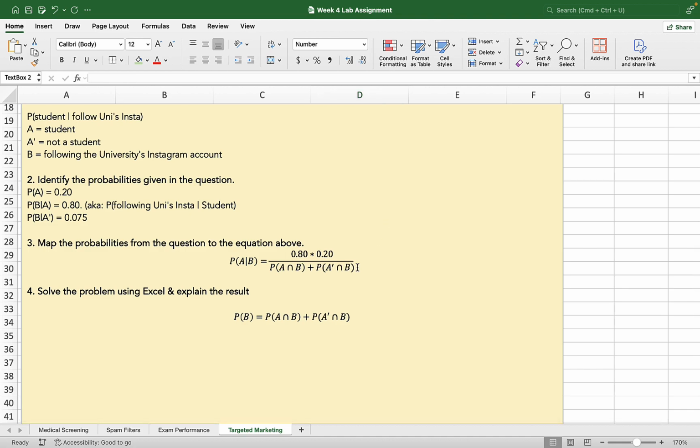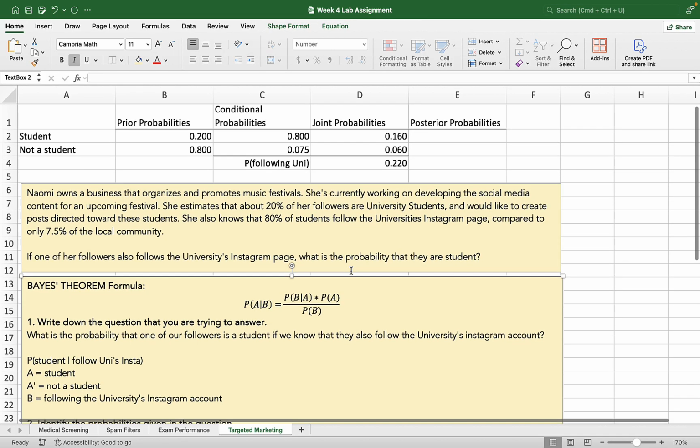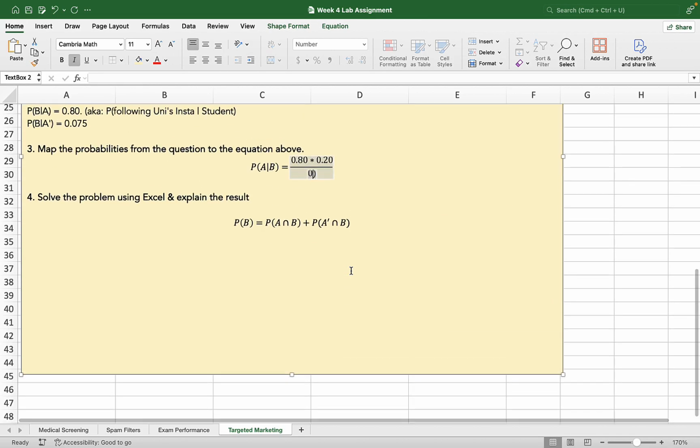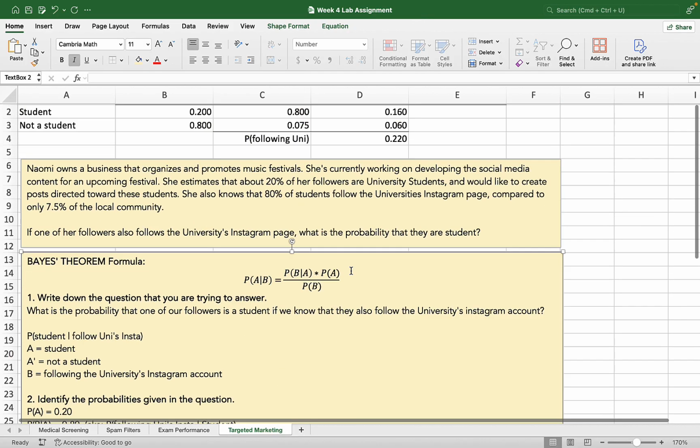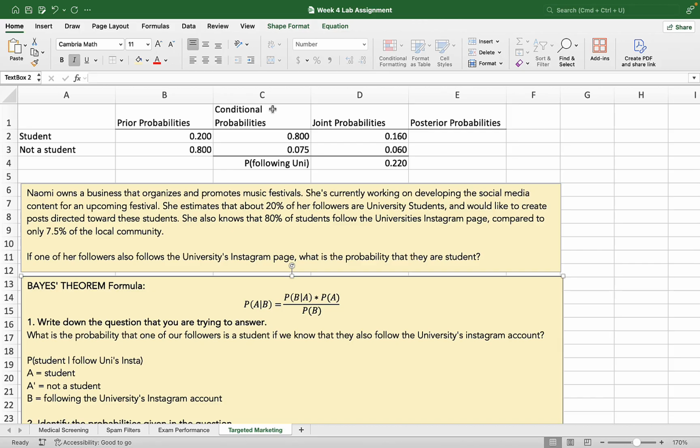So now we can update this equation and we can replace this denominator with the number 0.220. So now that we have the new information on the student versus non-student breakdown of university Instagram account followers, we can calculate the probability that a given individual who follows the university account and also follows us is a student.